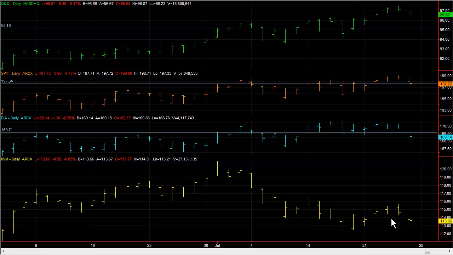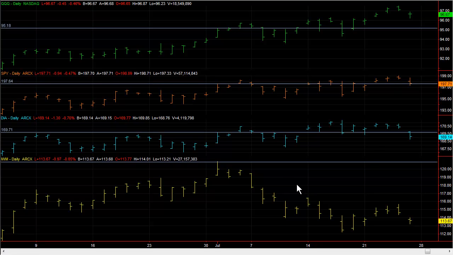So this is a divergence. This is kind of a trend to the downside though, that's taking some of the momentum out of the other indexes. So the point being is that if the Russell turns and starts pushing back to the upside strong, then this market will have additional momentum to the upside.